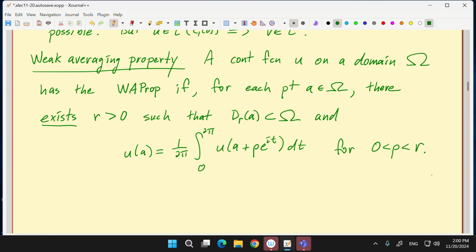And the thing to note here is that the radius r might be small. R could depend on a, and could be considerably smaller than the distance to the boundary.